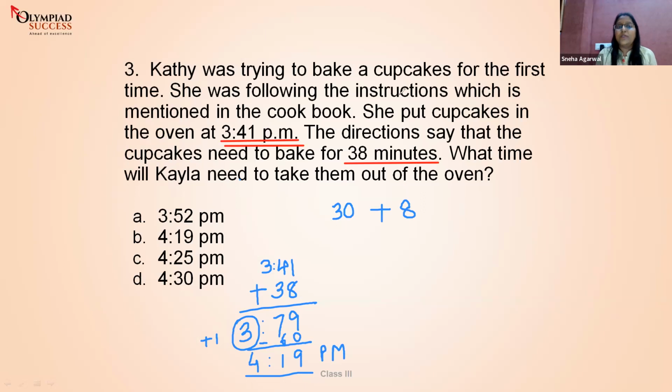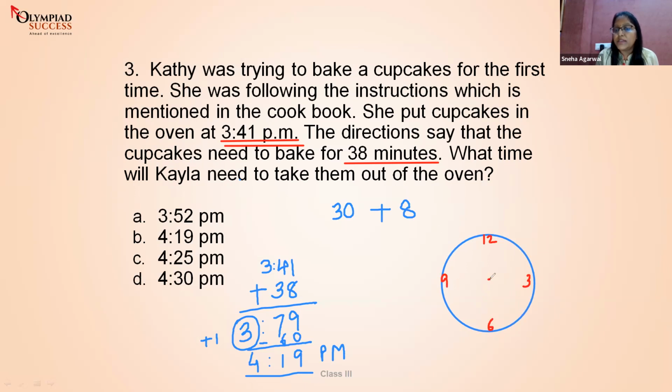Okay. Now let's calculate with the help of a clock. See, I'm explaining it to you with another concept over here. They are telling you that she has put the cupcake in at 3:41, right? Let's take the timing over here. So this is 12 and this is 6. Okay, guys.